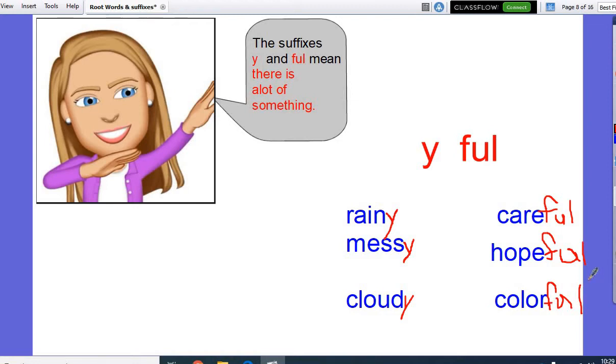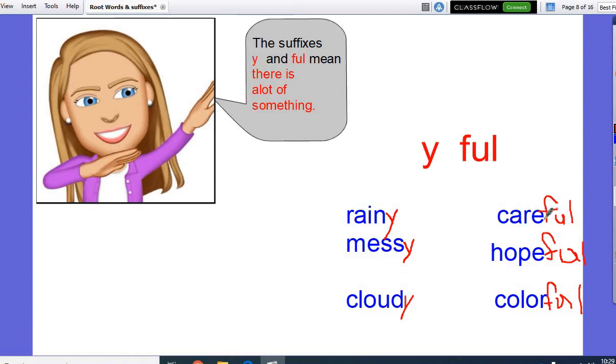And now these words mean that there's a lot of whatever the root word was. So like our root word was rain. If I put a Y on it and make rainy, it means there's a lot of rain. Messy. The root word was mess. If I put a Y on it now, it means there's a lot of mess. Yeah, cloudy. It used to be cloud, if I put a Y, it means there's a lot of clouds.